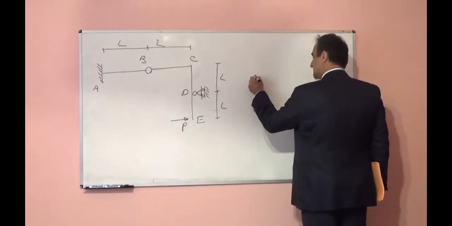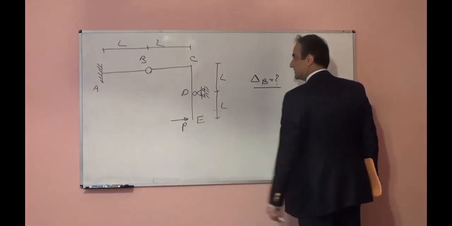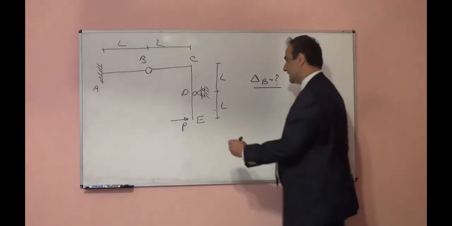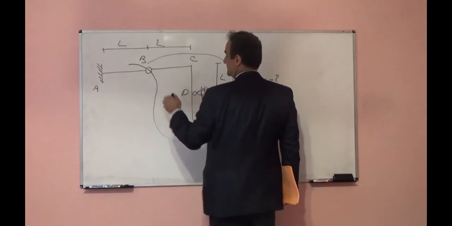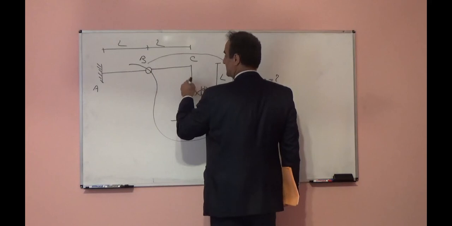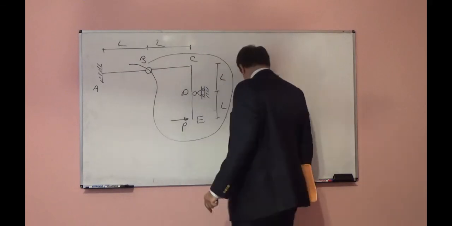In the vertical direction, delta B. And the only load we have here is this P. So, in order to find it, we can cut from here and look at this side to see what is happening and what is the action of the right side on the left side.